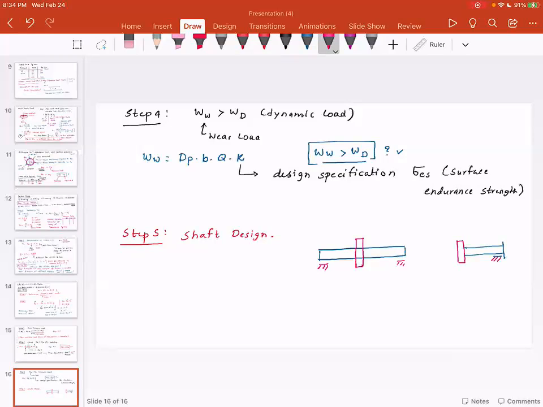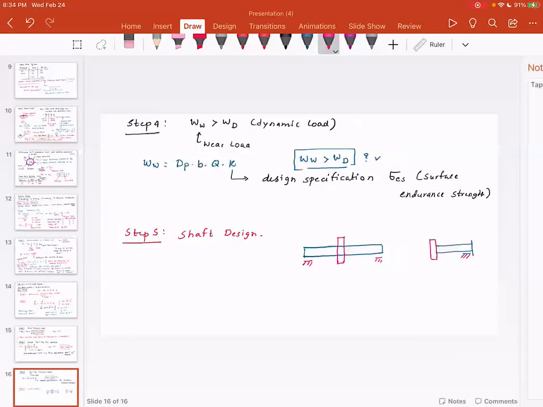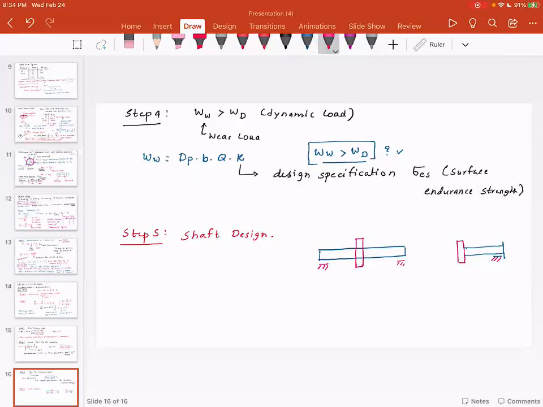And the idea is very simple. First and foremost, we need to find out the forces in the vertical and horizontal components. So just to recap, if you have a gear, on this gear you have a tangential load and you have a radial load.